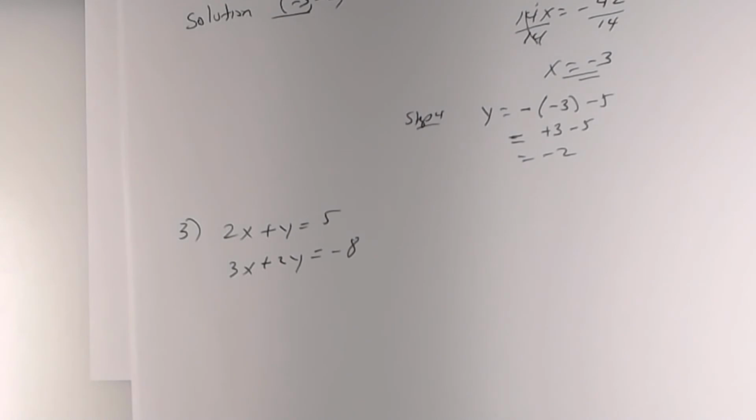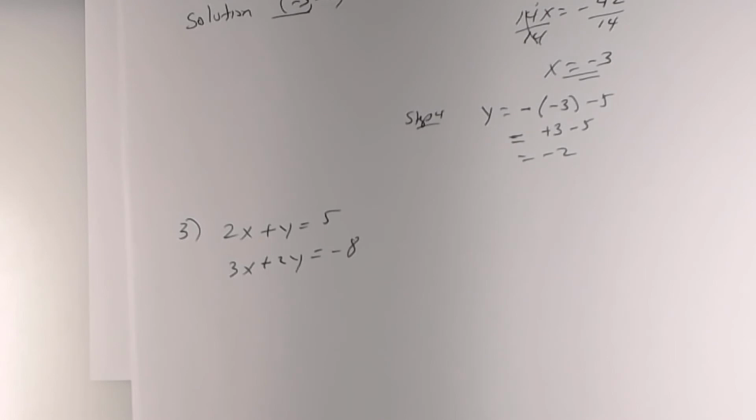So 2x plus y equals 5, and then 3x plus 2y equals negative 8. That's a 2y.